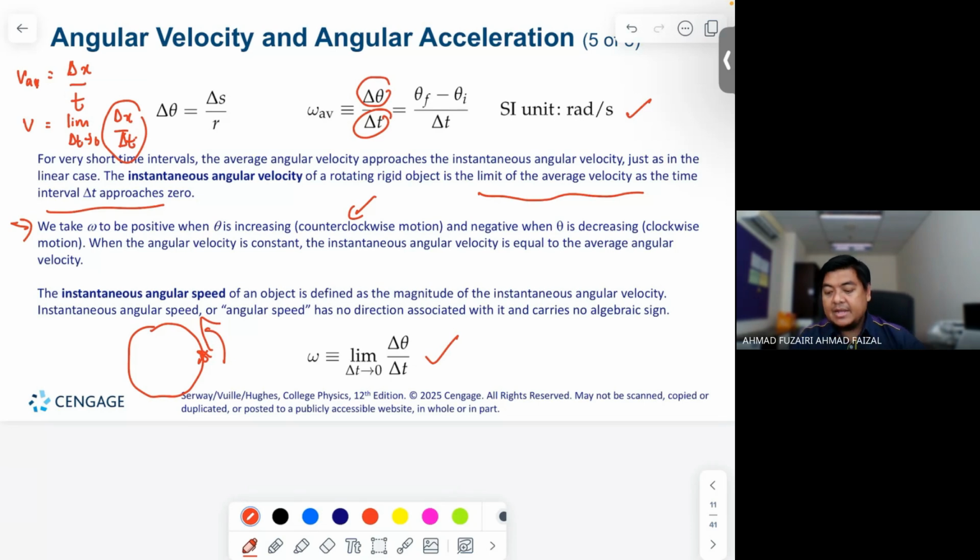And vice versa, when theta is decreasing, that means clockwise motion, and omega will be negative. If the angular velocity is constant, the instantaneous angular velocity is equal to the average angular velocity.